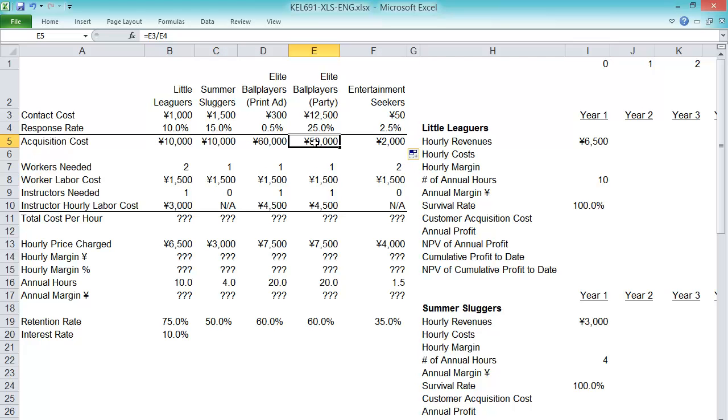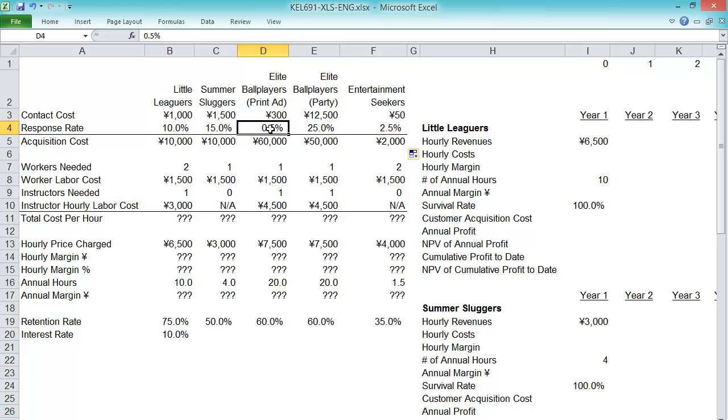The way we've estimated it, with a 25% response rate and the party costing us 12,500 per person, we get their contact and acquisition cost to be 12,500 and 50,000, and even more, 60,000 through print ads, because the response rate is just so low.